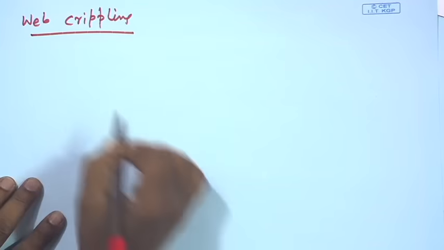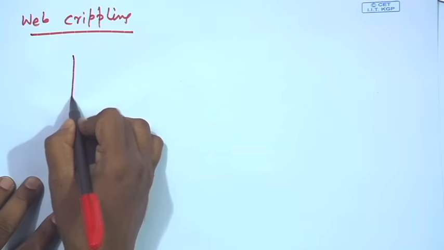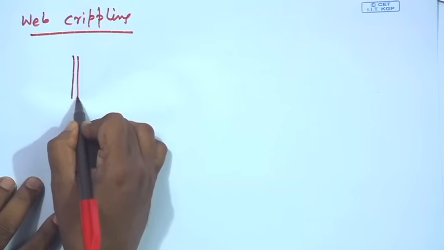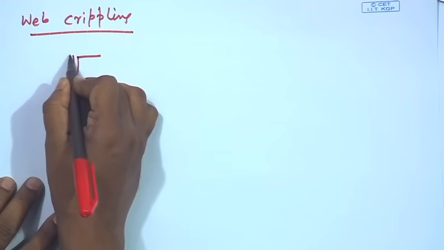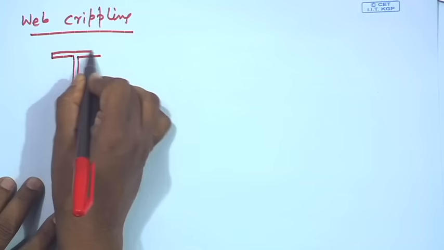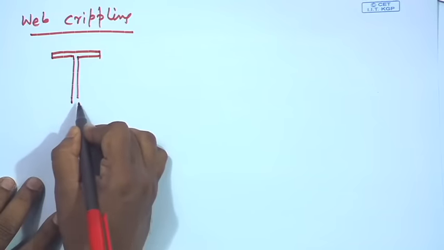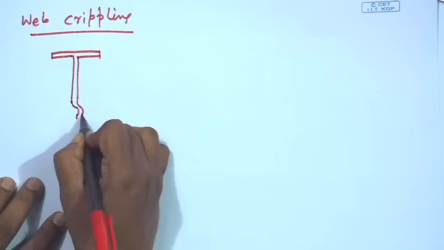For which it may fail. Web crippling means when a member is under concentrated load. Say, for example, we have a support condition here, so it may fail at the root like this.